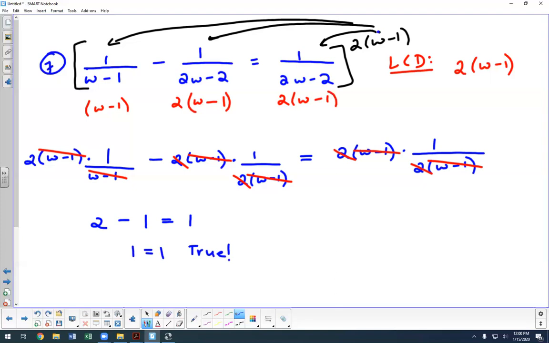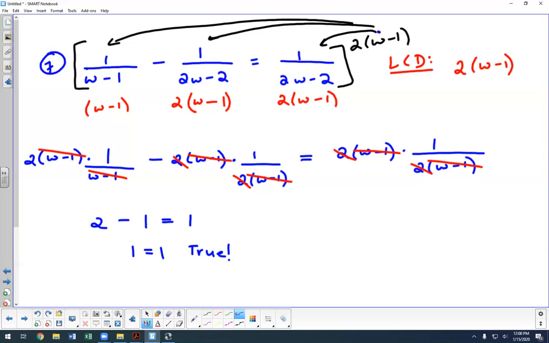So what will our solution set look like for this problem? Can I use all real numbers, or will I have any restriction? The restriction would be 1, wouldn't it be? Yeah, that makes the denominator 0. Very good. So 1 makes our denominator 0, right?